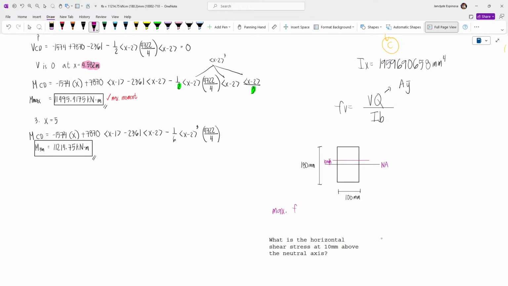Now ang usual kasayupan sa students is ang gamiton nga area kana siya nga area, which is sayop. Again, ang area nga imong gamiton dapat from the point of interest padung sa outermost fiber. So kani nga area imong gamiton. Using that area, ang imong barred Y, di ba, diri sa tunga, ang centroid aning area of interest nimo. So kani imong barred Y, from this point padung gina siya sa neutral axis.